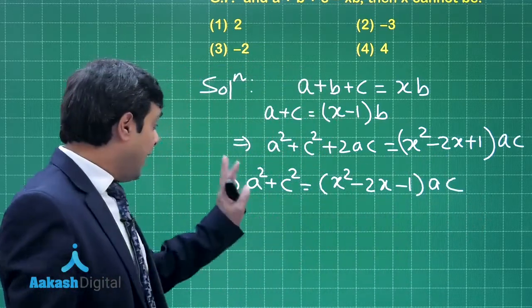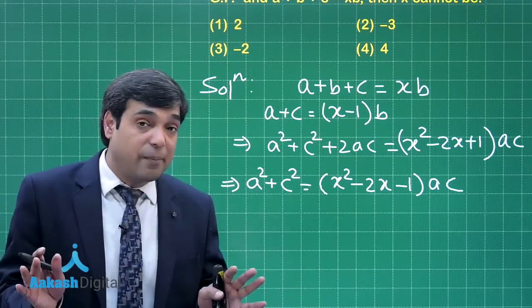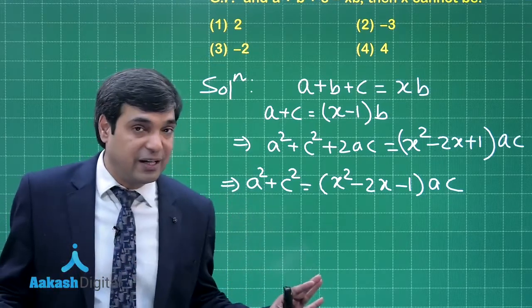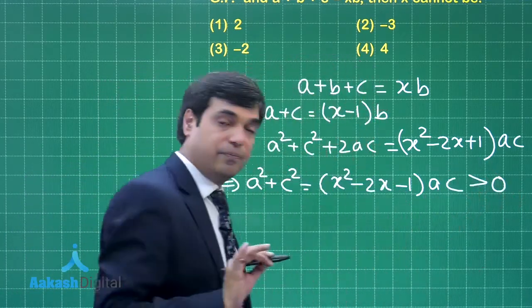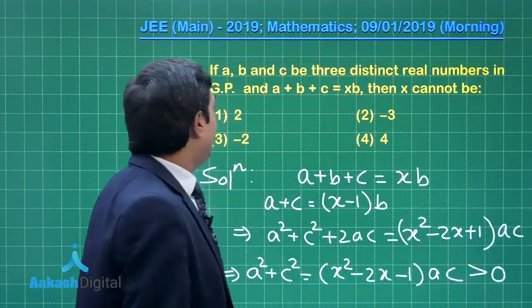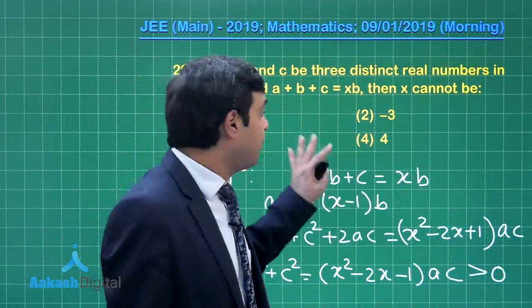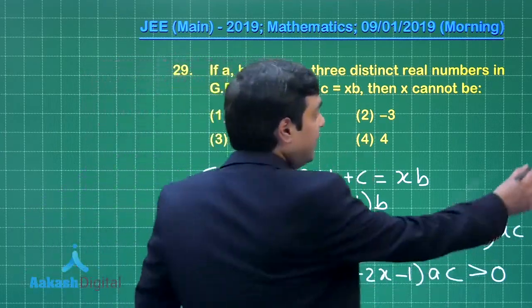Since a and c are distinct real numbers, a square plus c square is definitely a positive number, so this is greater than 0. This point is clear. Next, let's look at the question again: a, b, c are 3 distinct real numbers with the constraint, then x cannot take which of the following values. Let's consider it.